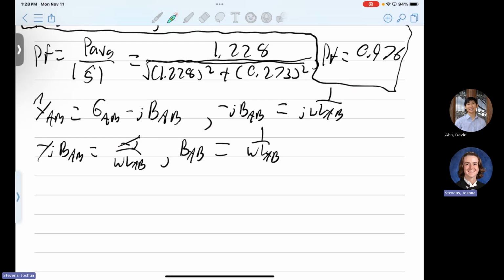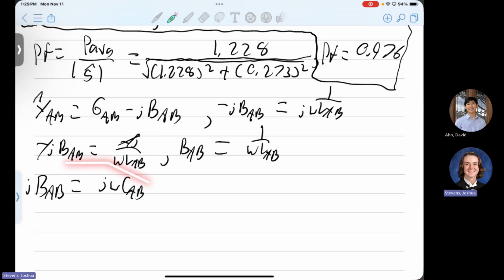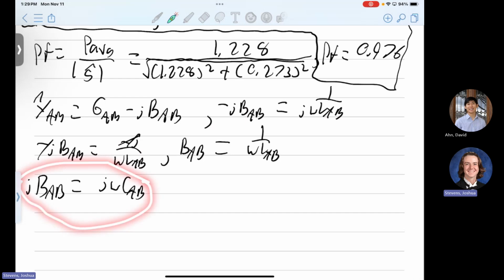If it was a positive susceptance, you can then just use J omega CAB, because we need to cancel out the imaginary parts to find what component is there. So if it was positive, I believe you just use this. But since we have a negative, we needed to cancel out the two negatives. So that's why we did this. Did that kind of make sense?